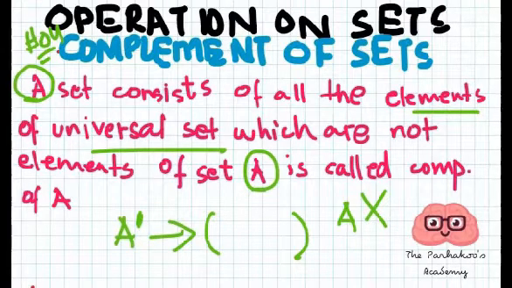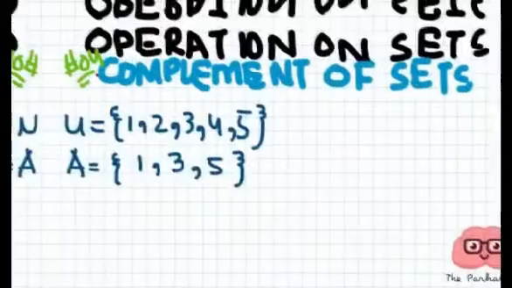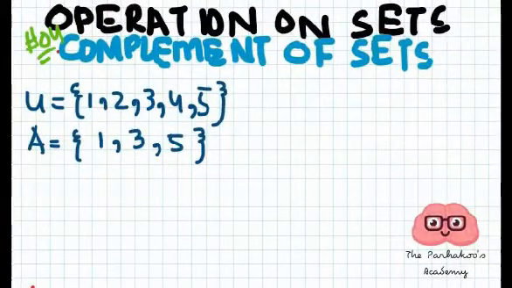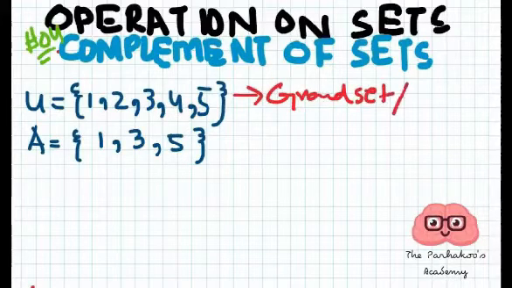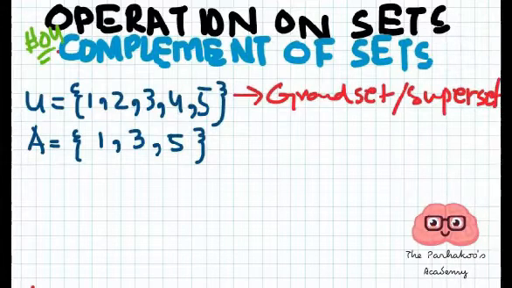Let's try to reinforce this concept by doing some more problems. So let's start off. Let's do some practice. Here we have a universal set and set A. Universal set is a set which consists of all those elements which are in consideration. So this is basically a grand set, or you can say it is a kind of a superset which consists of all the elements which are in consideration.